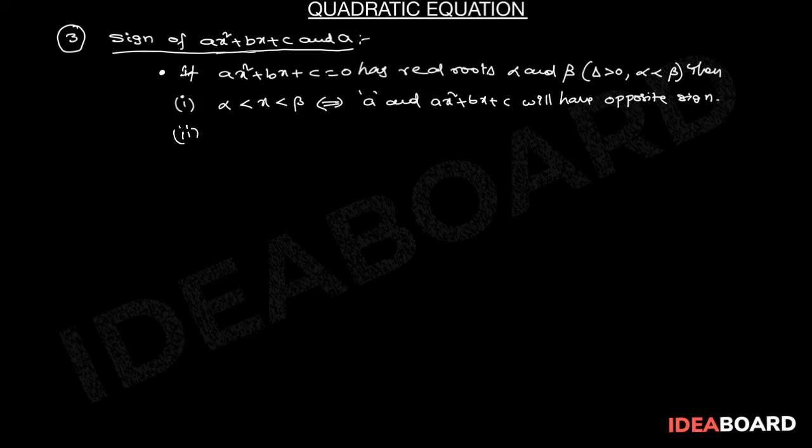Second one is x less than alpha or x greater than beta, that implies and implied by a and ax square plus bx plus c will have same sign.